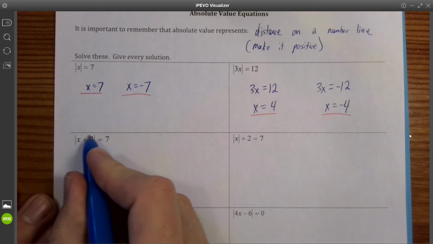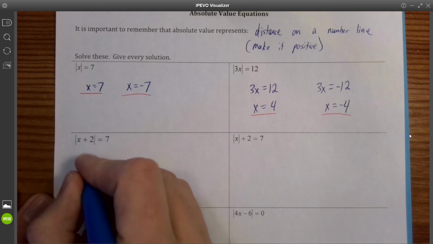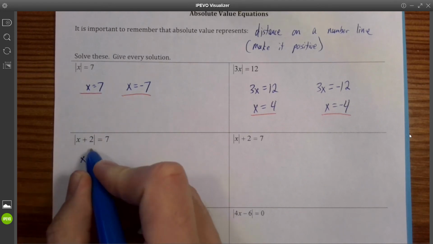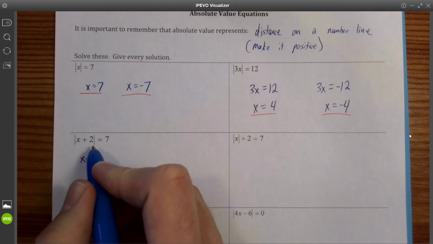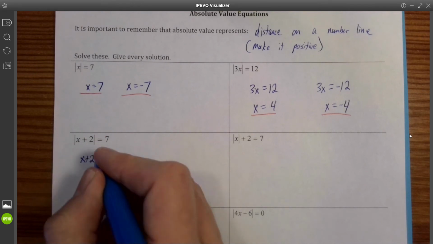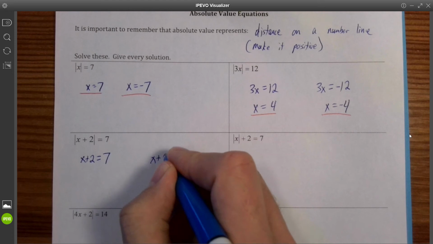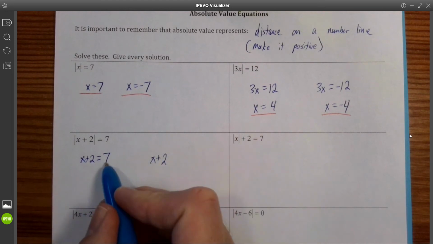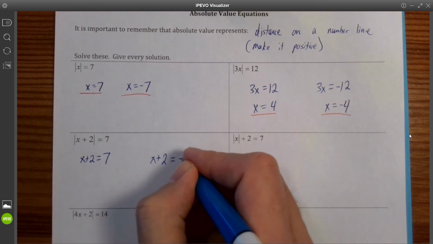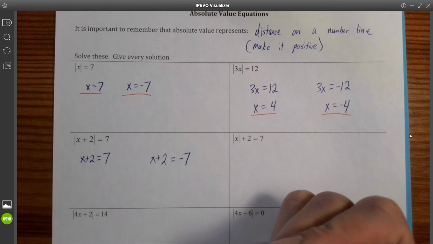So all this stuff right here, x plus 2, I took the absolute value of it, meaning I said, you know what, let's make it positive, and I got 7. But I took this stuff, and maybe it was +7, maybe it was -7, and I had to make it positive.